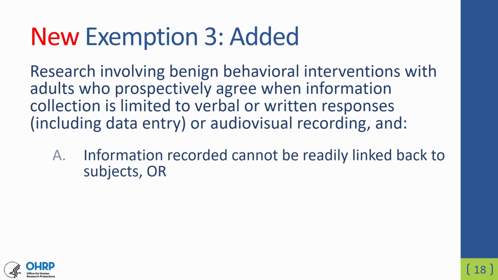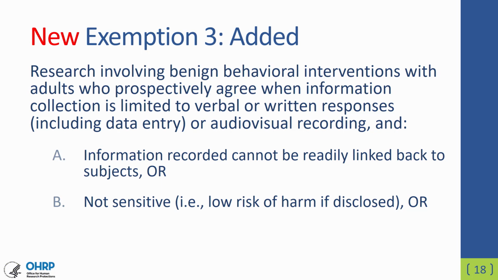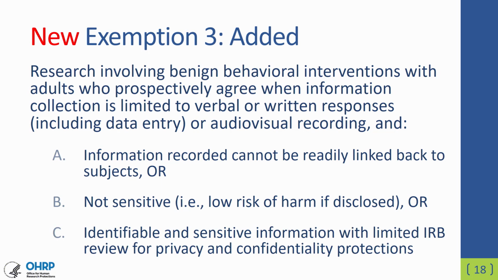And if the information recorded cannot be readily linked back to the subjects, or it is not sensitive, or it is identifiable and sensitive. However, there's a limited IRB review for protections of privacy and confidentiality.